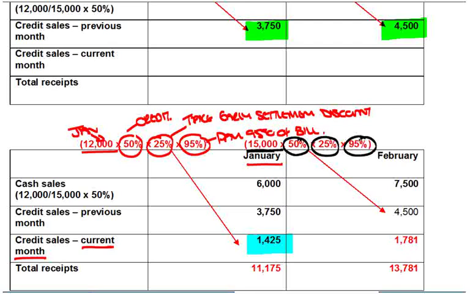So 15,000 times 50% gives me 7,500 taking the credit option. 25% of those opt to take the early settlement discount, so that would leave me 1,875, but they're only going to pay 95% of that bill, so we're going to end up with £1,781 worth of cash coming through in that February month.